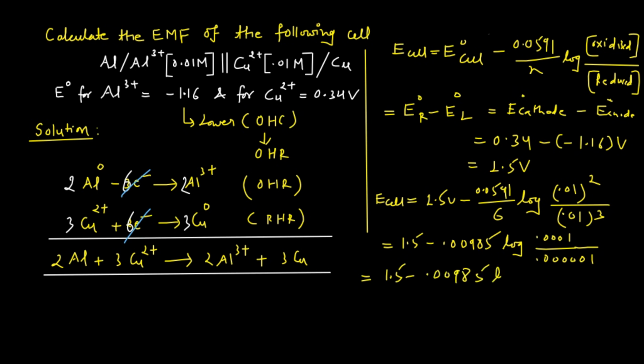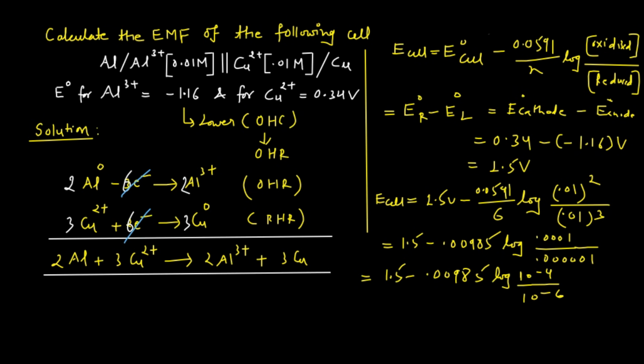0.00985 log of, see earlier this one was 10 raised to the power minus 4. We can write 0.0001 as 10 to the power minus 4, and this we can write as 10 to the power minus 6, because after the decimal here 1, 2, 3, 4, 5, 6 digits are there. So what will you finally have?